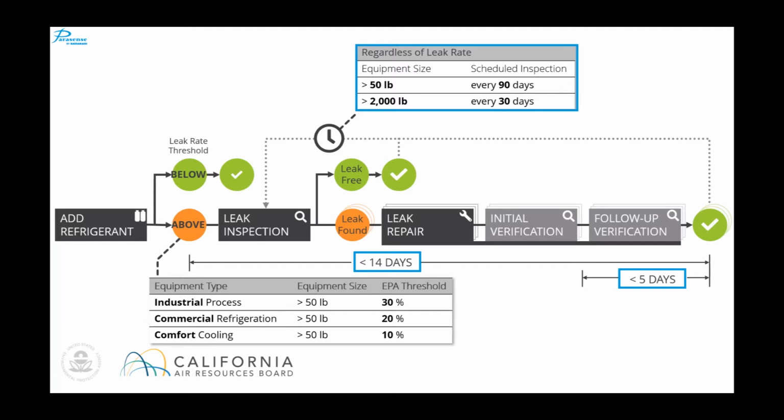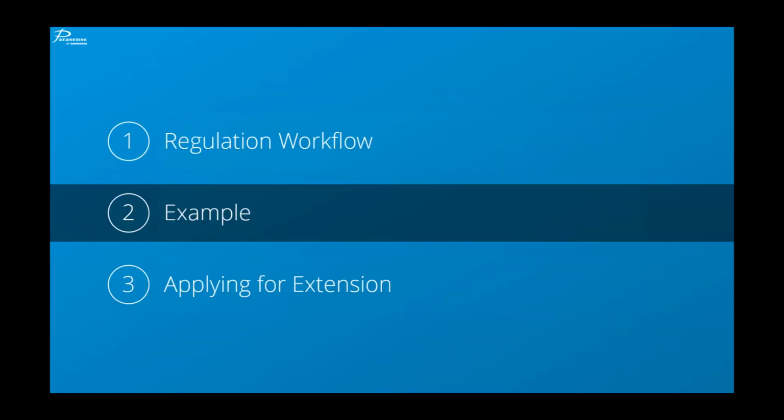Equipment over 50 pounds requires an inspection every 90 days, regardless of the leak rate, and equipment over 2,000 pounds requires an inspection every 30 days, regardless of leak rate. I hope that this provides a good understanding of the processes required in the EPA and CARB regulations. And now, let's work through an example putting this data into the Parasense platform.